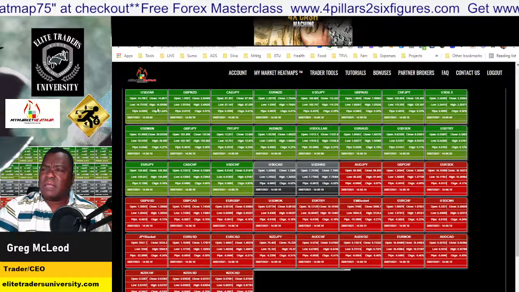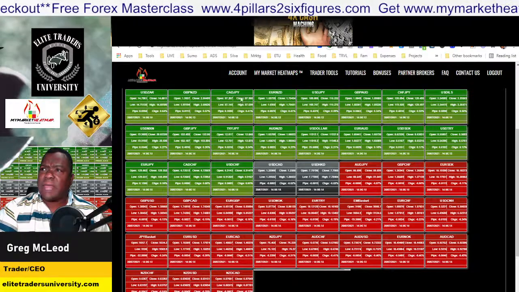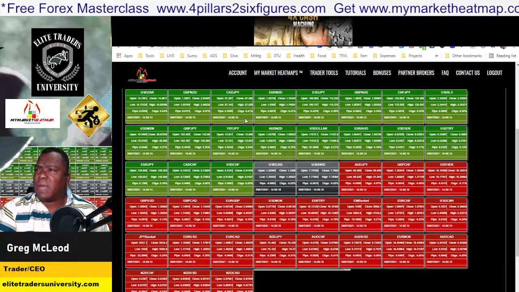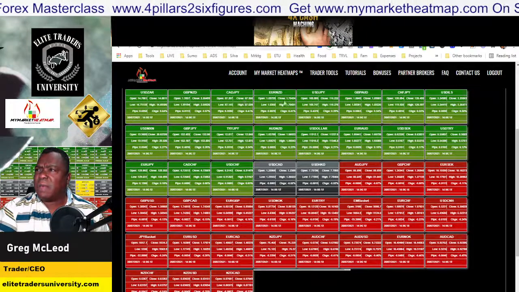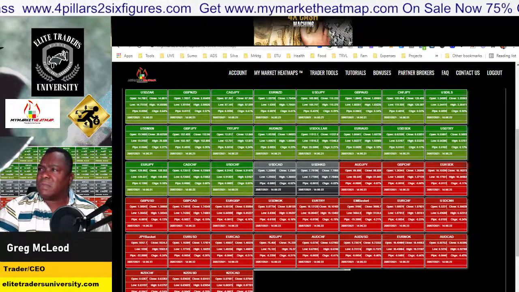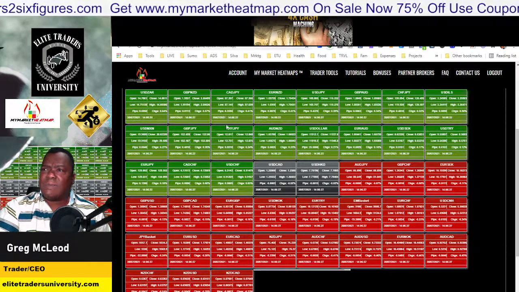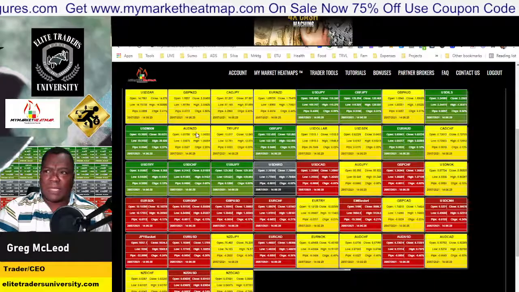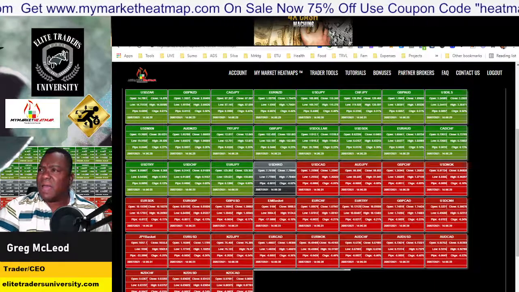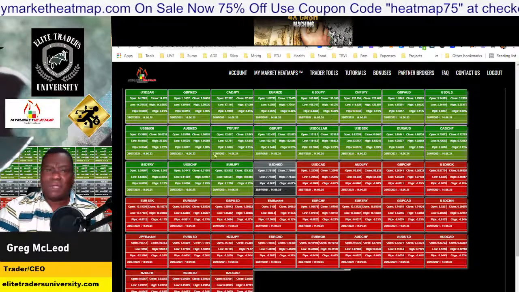We see the dollar South African rand, pound Kiwi, CAD yen, euro Kiwi. They're up slightly. Pound Aussie, and Swiss yen. So basically, we have a mixture. We have some dollar pairs at the top, some risk-on currencies at the top, some risk-off currencies at the top. So it's a real jumble.